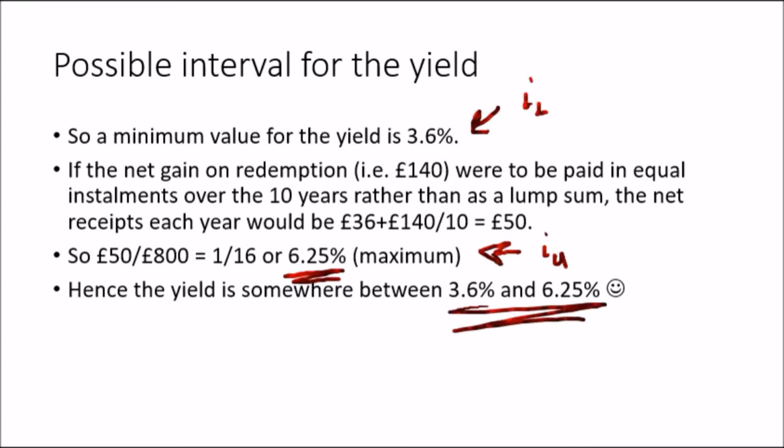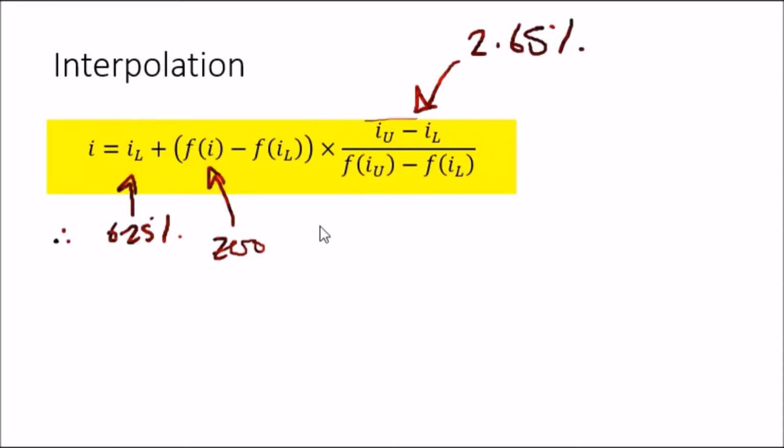Now, how does the method of interpolation work? Well, on the next slide, I presented the formula, which was quite hard to summarize actually, but I came to this conclusion. Using the general x and y, I let x be the I and y be the function.